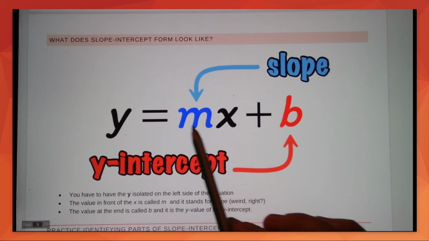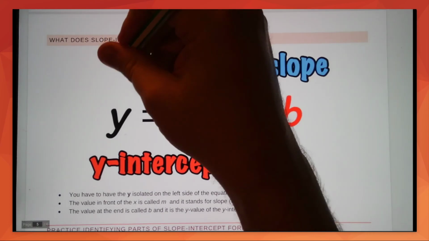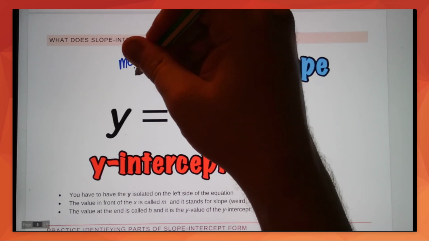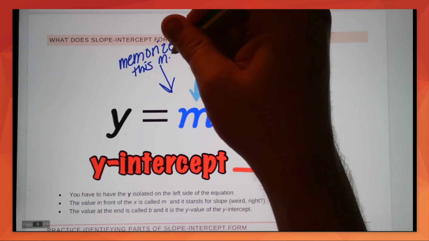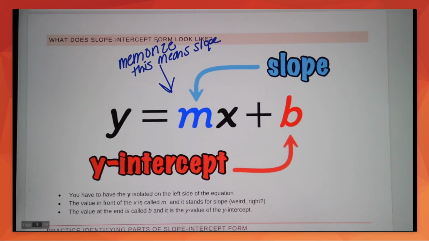The value of m here, I do not know why they chose the letter m to describe the slope, but commit that to memory, okay? We'll say m stands for memorize. This means slope. Memorize that. It's very important.